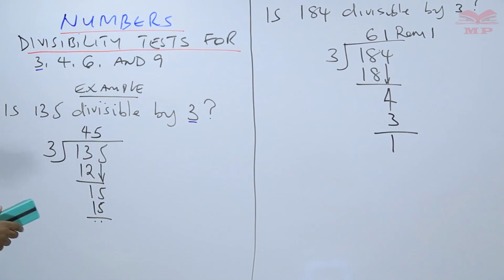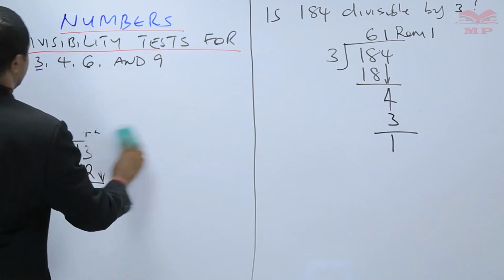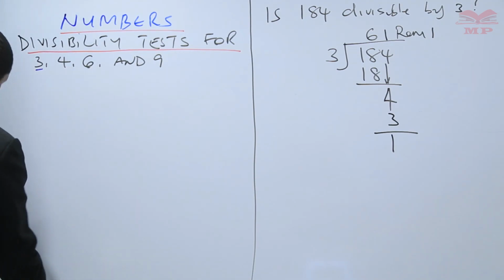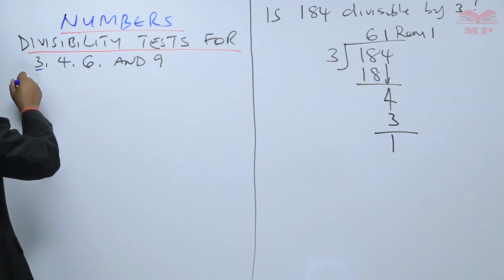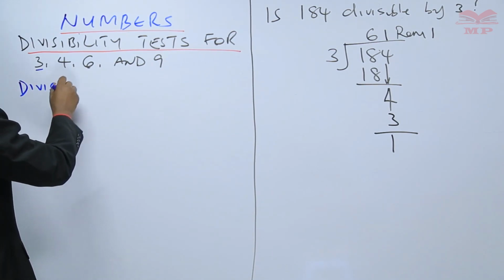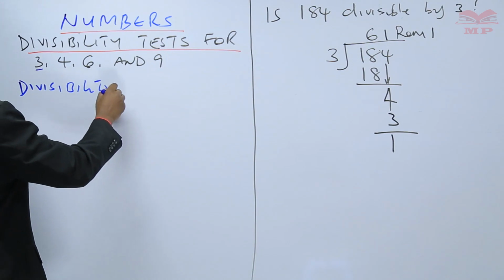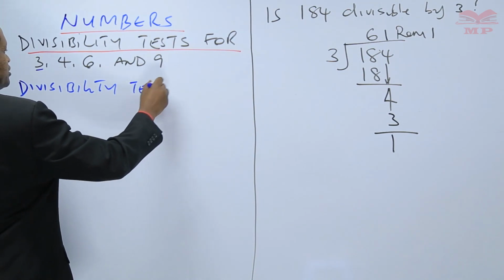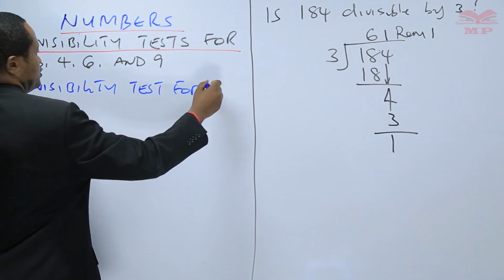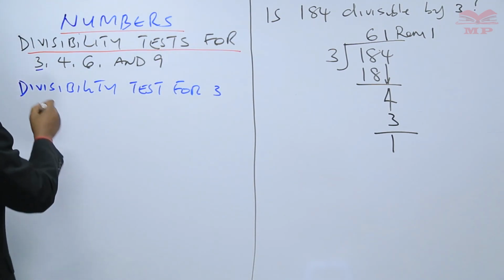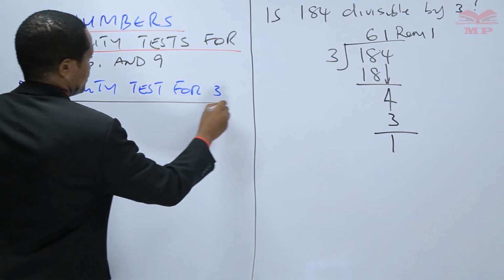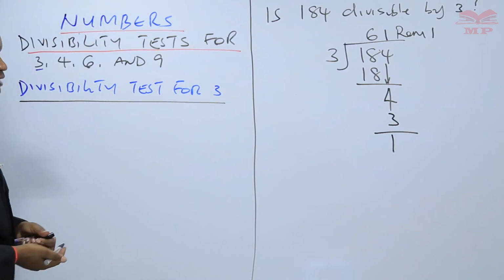So we want to learn divisibility tests starting from number 3. So we will start with divisibility test for 3. We have just seen 135 is divisible by 3.